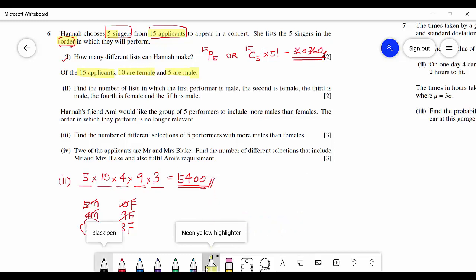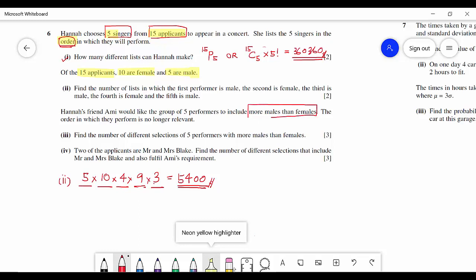Okay, then now we go to the third one. For the third one, they have some extra rules again. Hannah's friend Amy would like the group of 5 performers to include more males than females. So now this is another restriction.